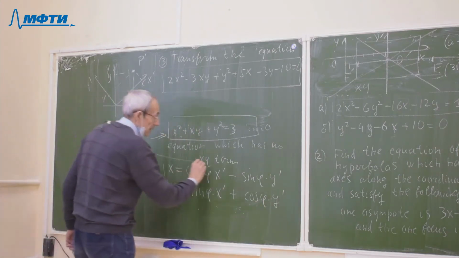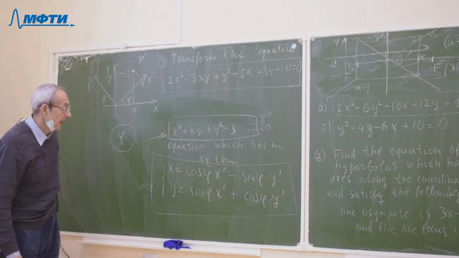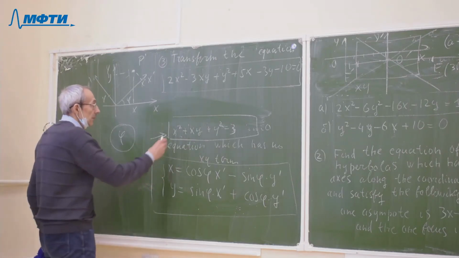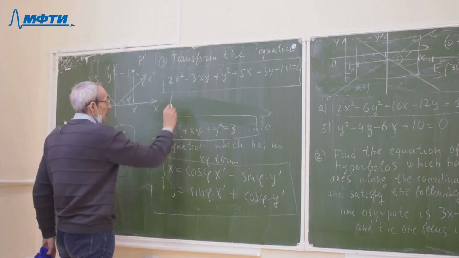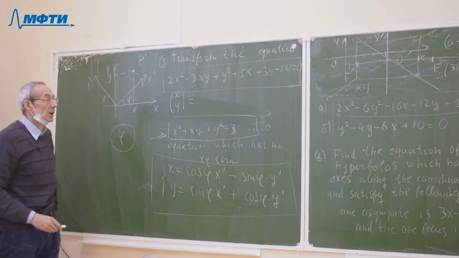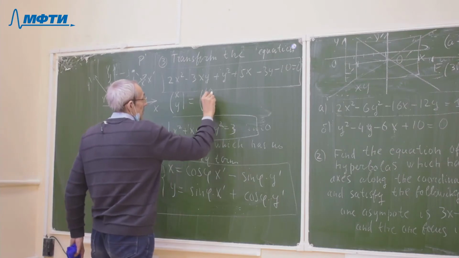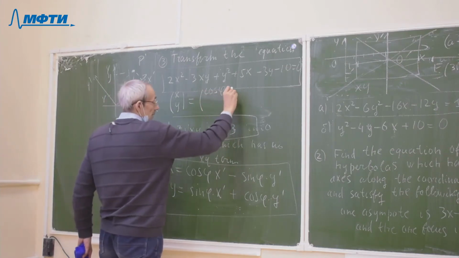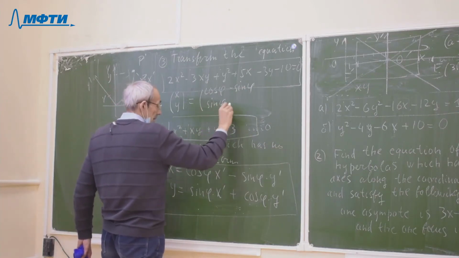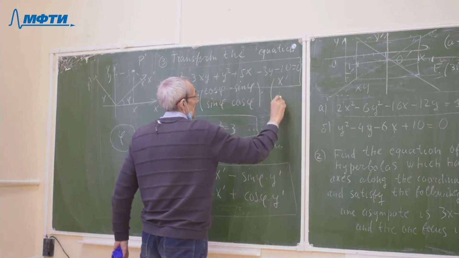This is the main formula for arbitrary rotation. And we can rewrite this formula in the following matrix form. The column x, y is equal to the product of the matrix cosine phi, minus sine phi, sine phi, cosine phi times the column x prime, y prime.